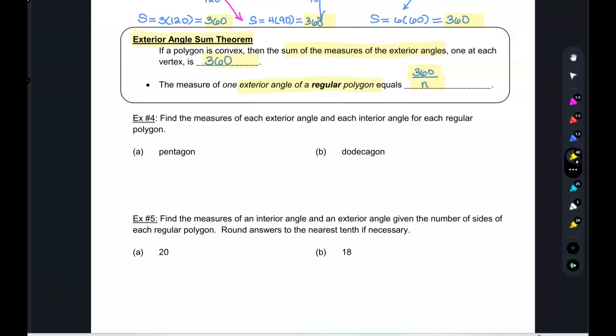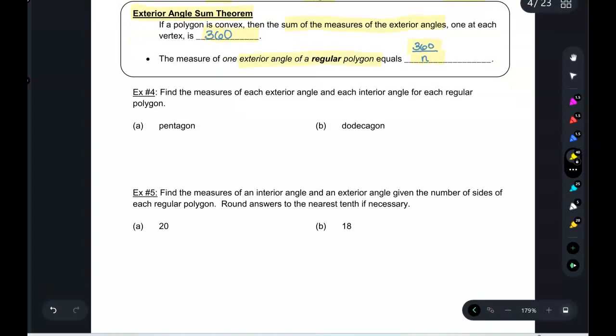All right, we want to find the measure of each exterior angle and each interior angle for a regular polygon. So we'll start with a pentagon. We could use n minus 2, but it's actually easier to find the exterior angle first. So let's do exterior.